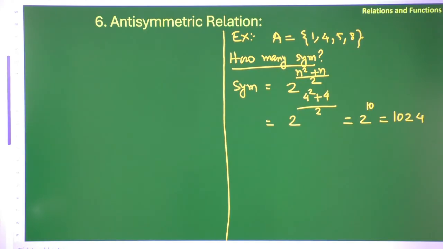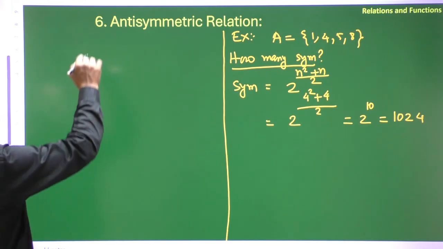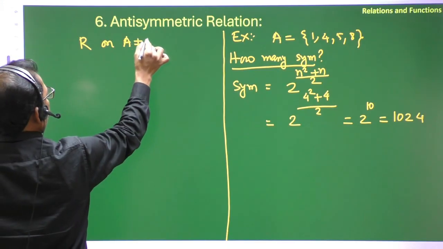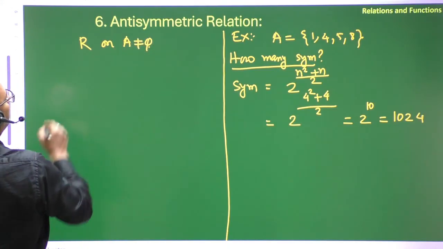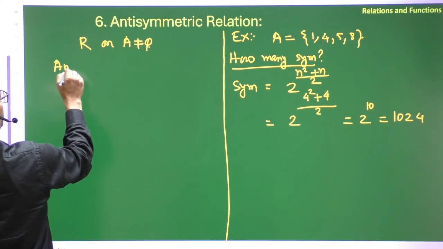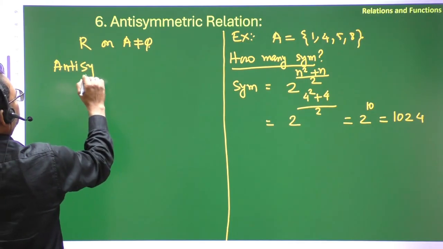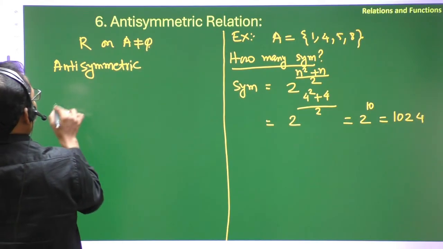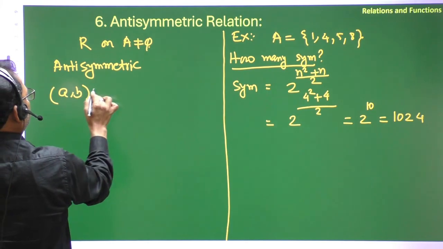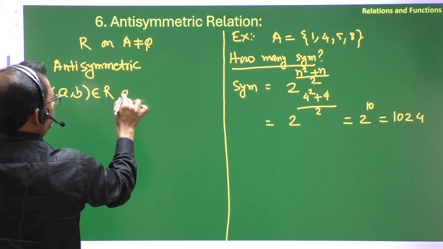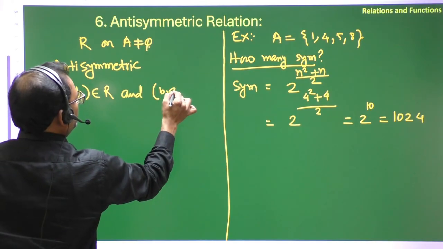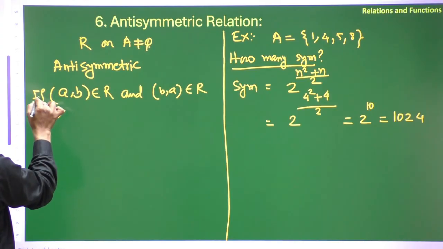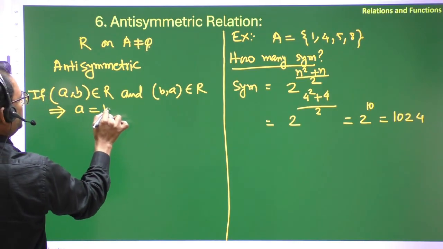Now coming to the antisymmetric relations. What is an antisymmetric relation? If R is a relation on a non-empty set A, then R is called antisymmetric if (a, b) belongs to R and (b, a) belongs to R implies a is equal to b.